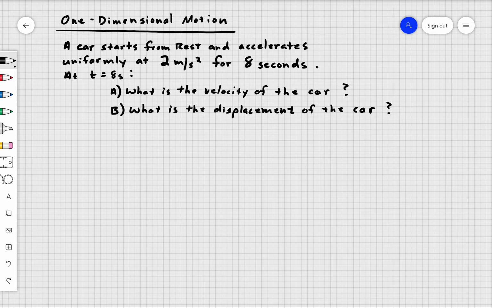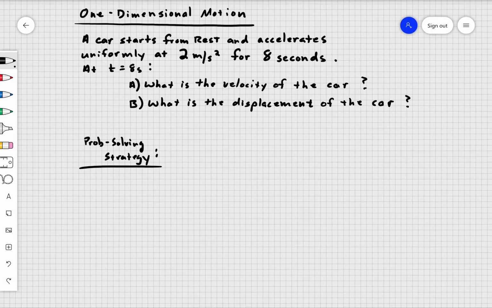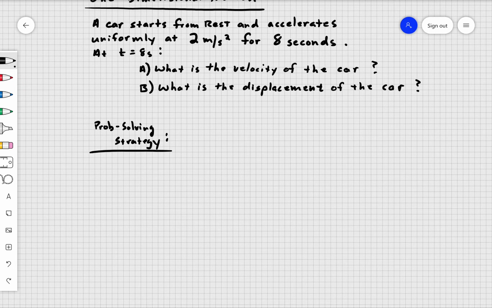The first thing that you should do in solving these kinematics problems, which we won't need to do in this problem, is make sure that your units are consistent.